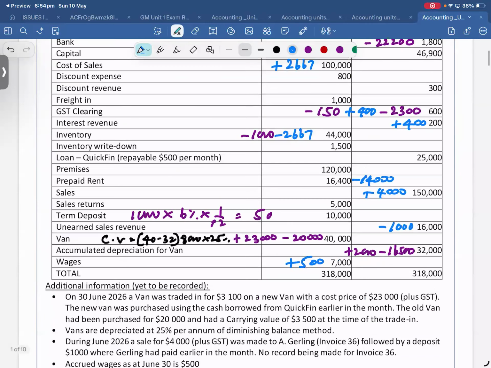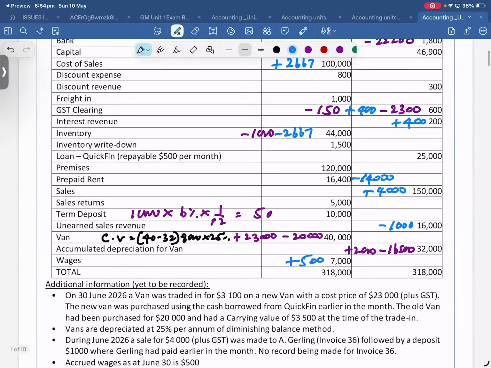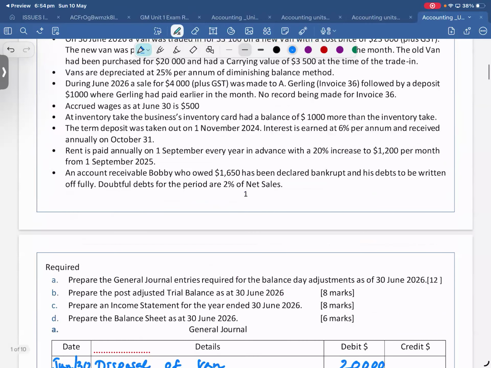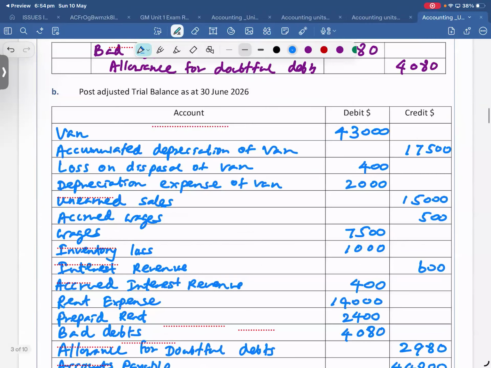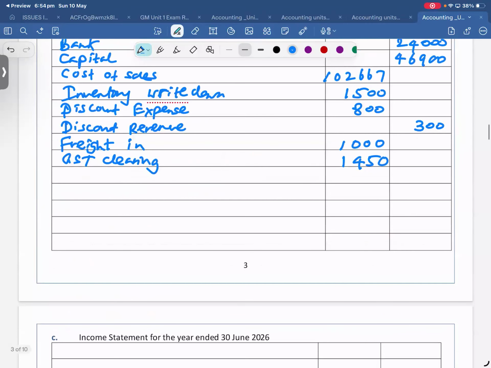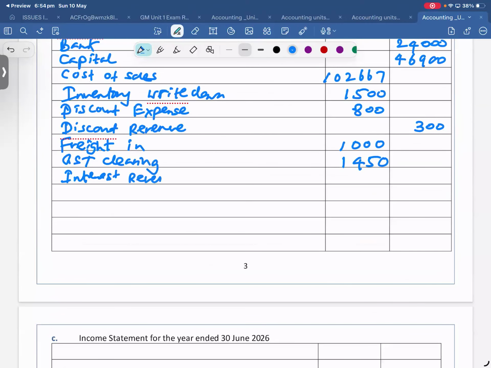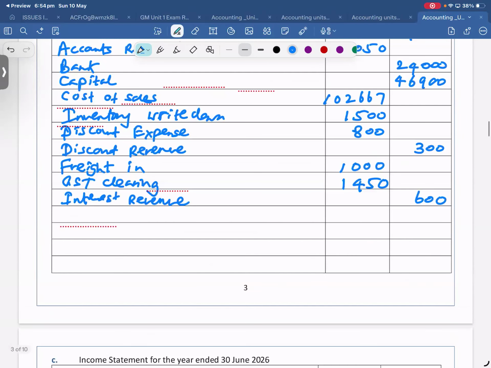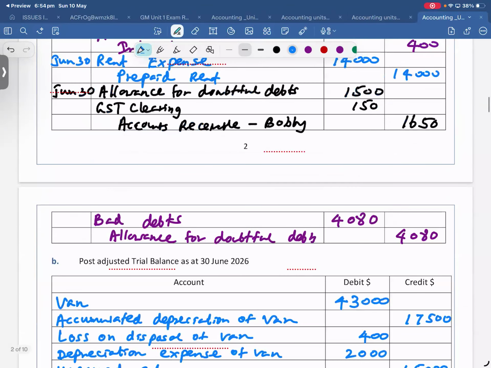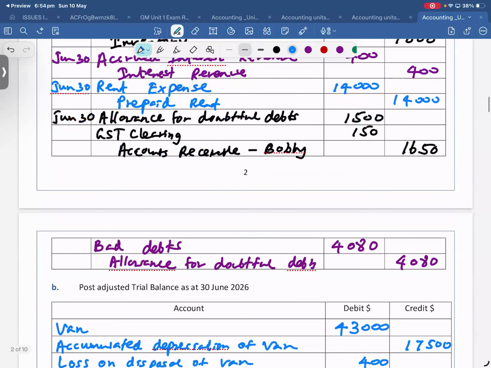Interest revenue 600. Oh, hold on. Interest revenue, didn't you write it? I'm sorry, guys. Interest revenue we have already written.